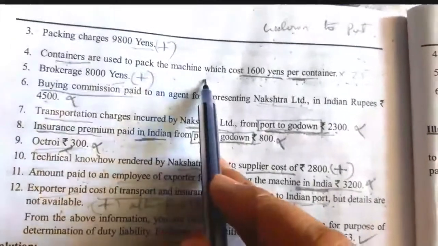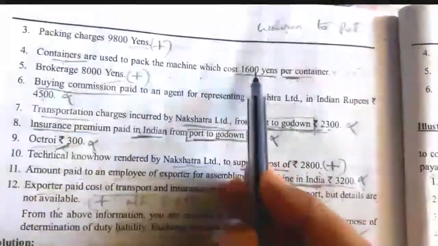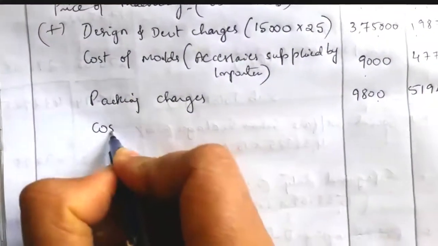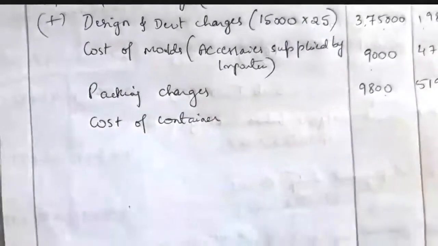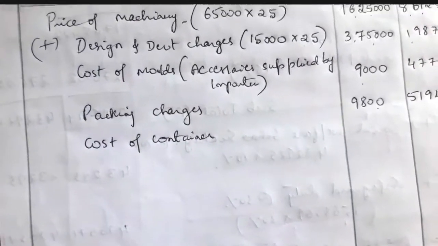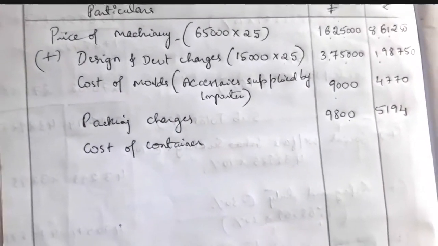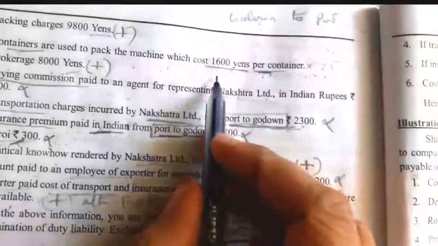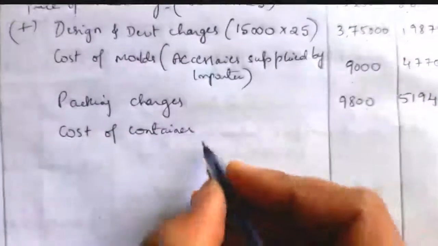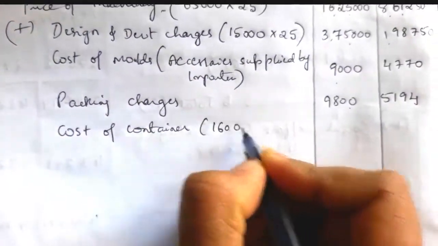Next we have to take the container which is used to pack the machine. So write cost of container. It is not a returnable container. It is a container which is essential for the packing of the machinery. So the value they have given is 1,600 yens per container.